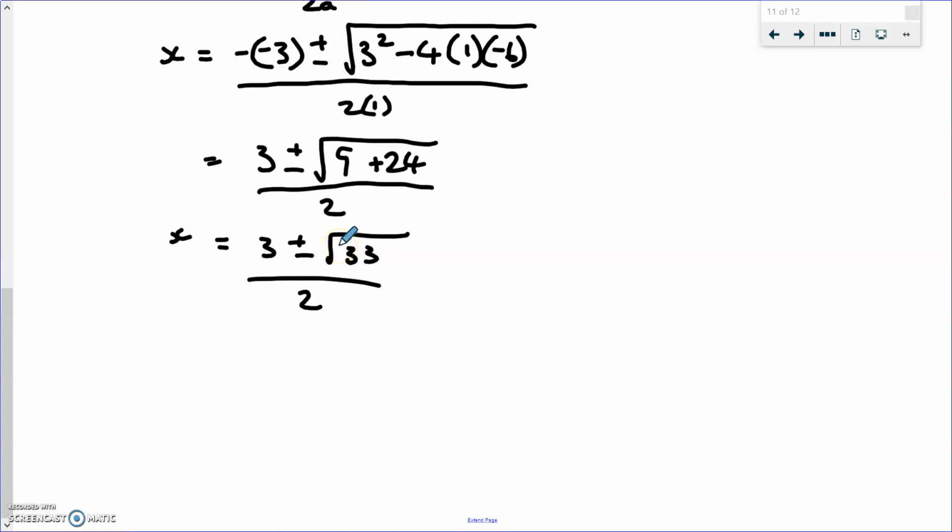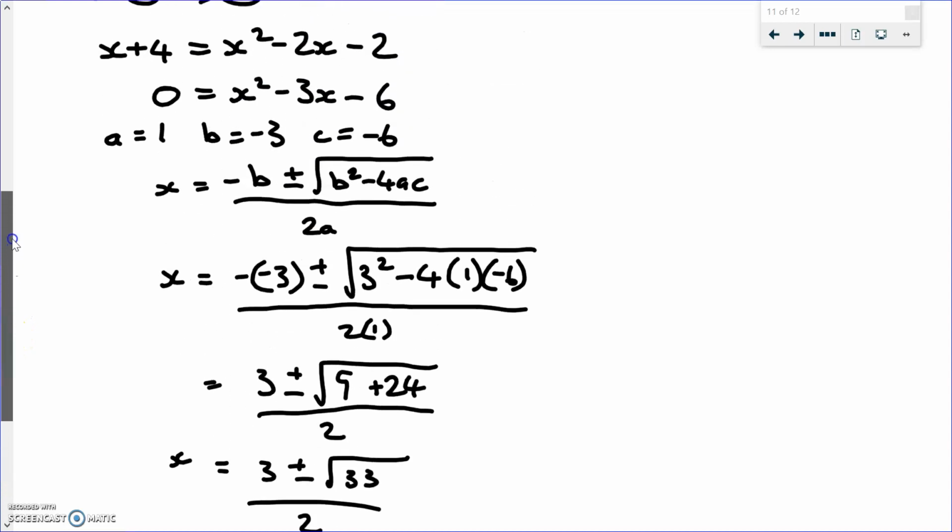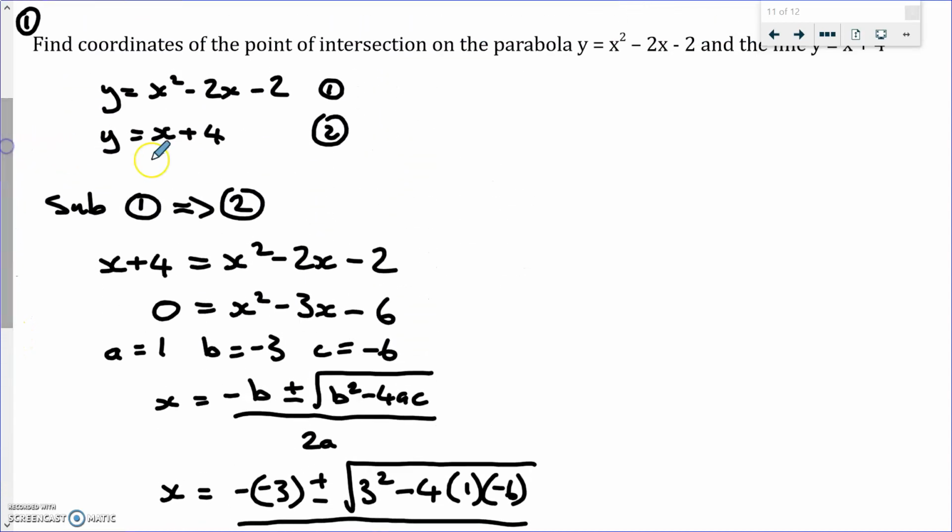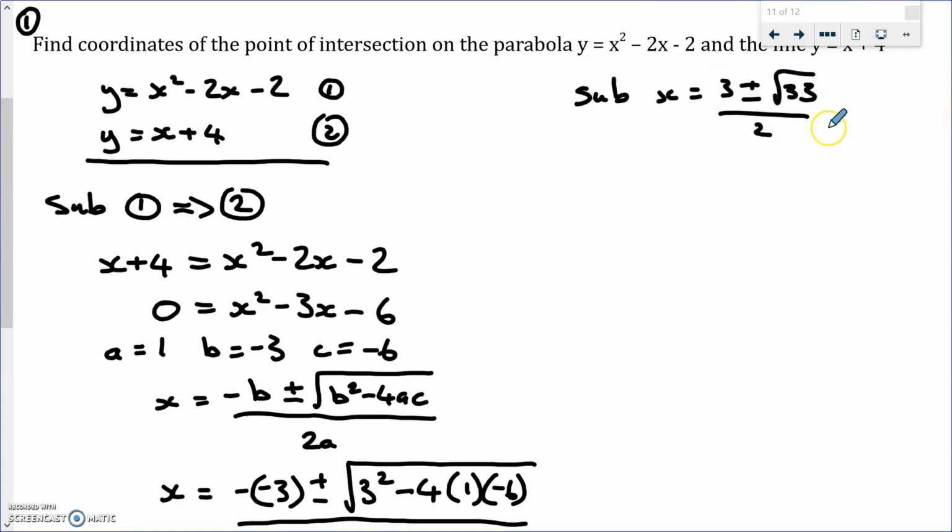Now, let's go back up and find y using the equation y equals x plus 4. Let's substitute x equals 3 plus or minus square root of 33 over 2 into equation 2.